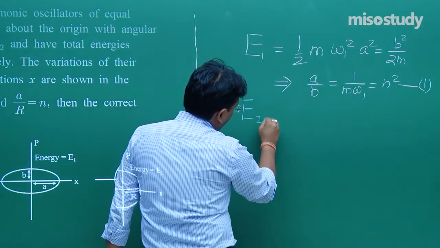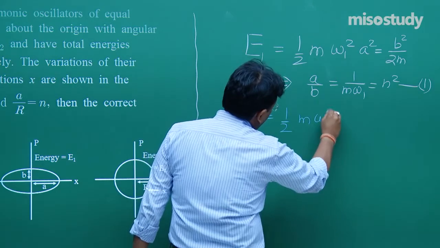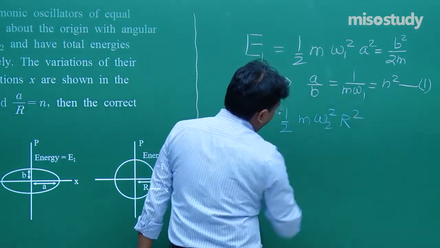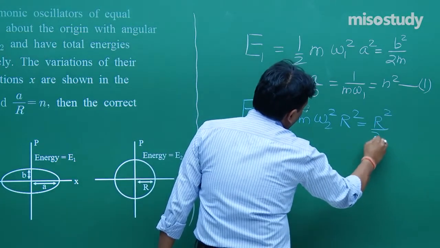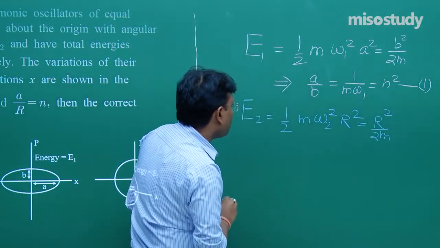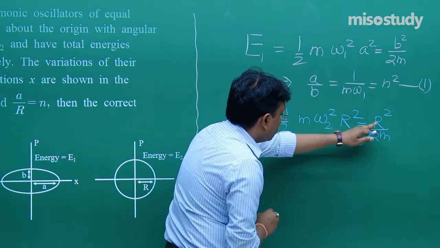E2 is equal to 1 by 2 m omega 2 square r square, that is r square upon 2m. Half m omega 2 square r square is equal to r square upon 2m.